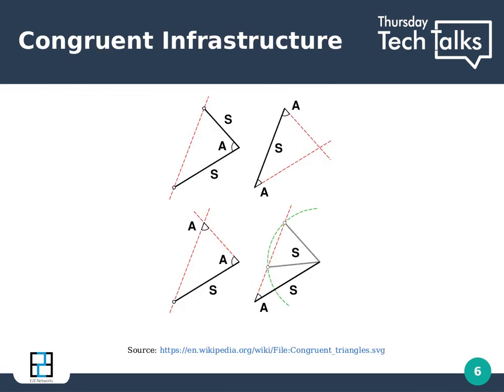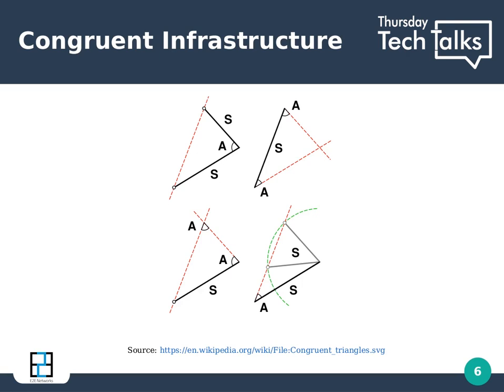What we need to move towards is what is known as congruent infrastructure. All of us during our school days would have studied congruent triangles. So what are these? These are triangles where you can scale them to any magnitude, but the properties of the angles remain the same.